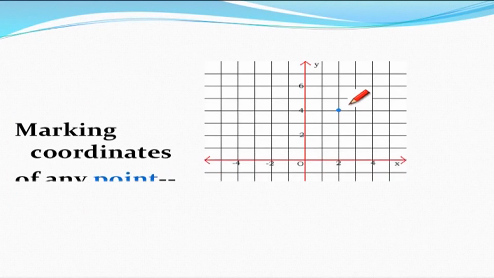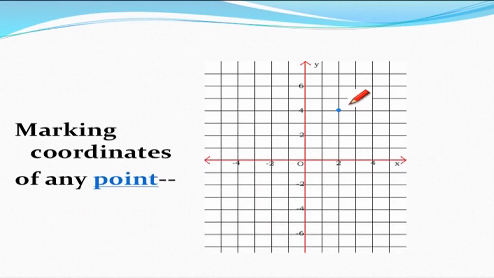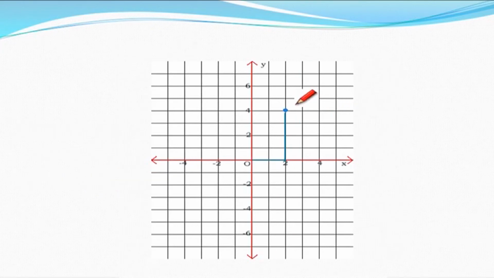Now let us understand the marking of coordinates of any point in the Cartesian plane. Here a point is represented in this plane, and now let us understand how to find its coordinates. When we drop a perpendicular from this point to the x-axis, this line intersects the x-axis at 2, and when we drop a perpendicular to the y-axis, this line intersects the y-axis at 4.